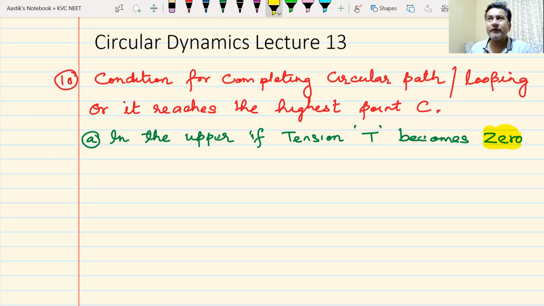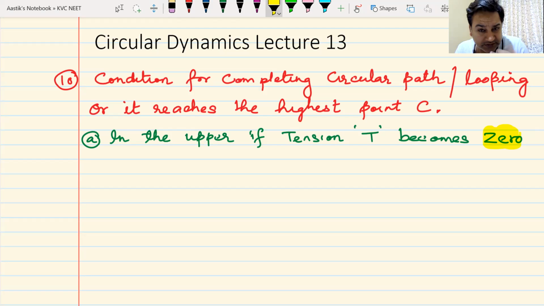So I never have to worry about this particle leaving the circular path in the lower half. But as I said, tension can only become 0 in the upper half.